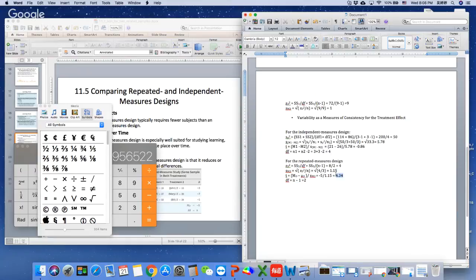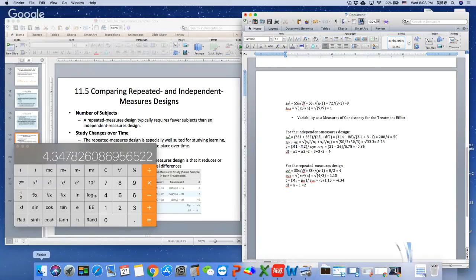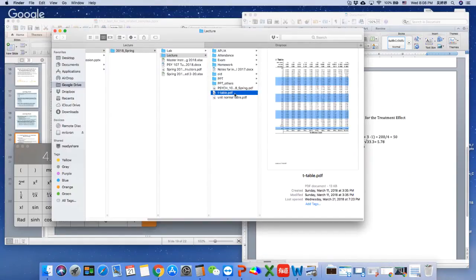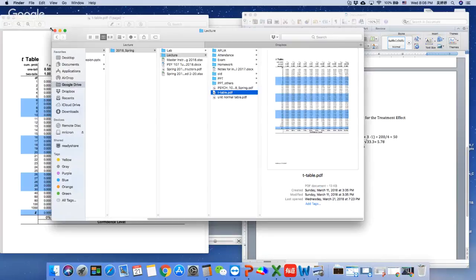So you see here, the T value is much further from 0 compared to the T value in the independent measures design. For degree of freedom, we say degree of freedom as 4, right? And the two-tailed test with 0.05.